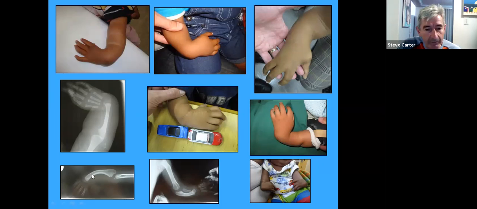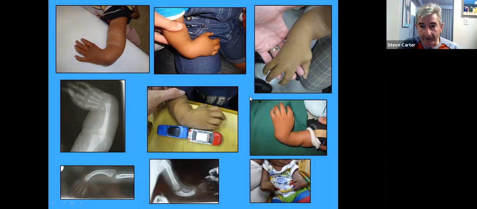Look at what the X-ray looks like. Look at the X-rays of the ulna. See how bowed that ulna is. In the X-ray at the bottom, you can see there's a little bit of residual radius left. That's like a Bain and Klug, maybe a 2. But there's some radius present, whereas the others have no radius present whatsoever.